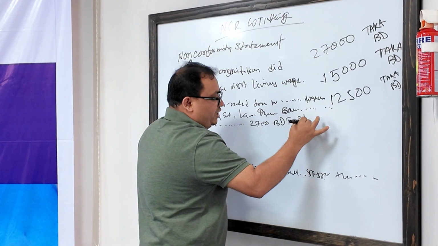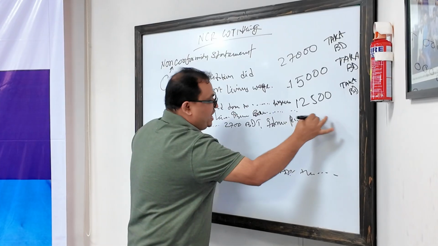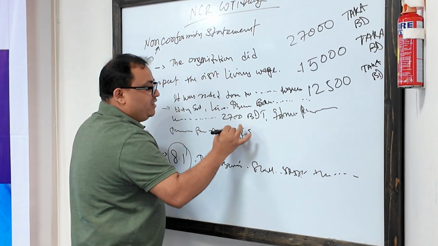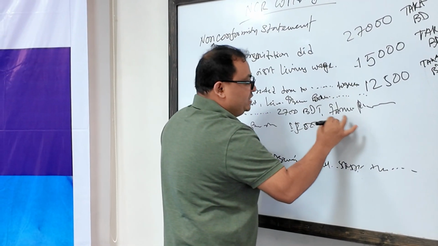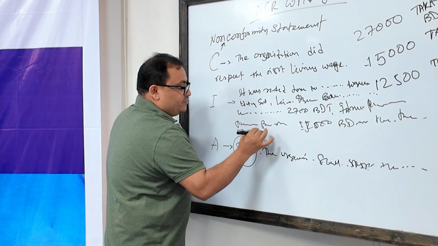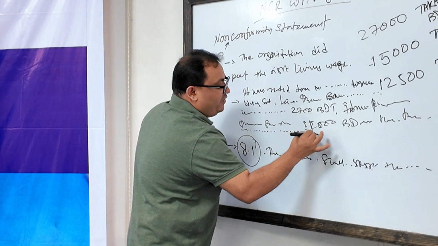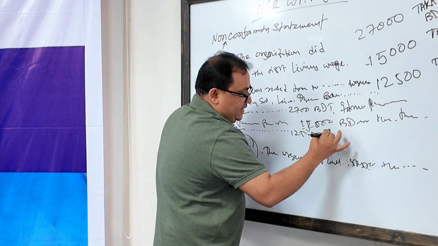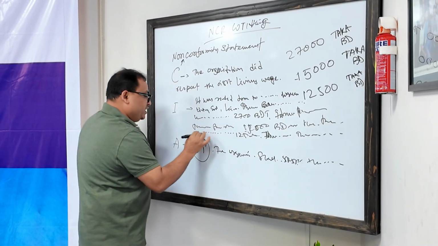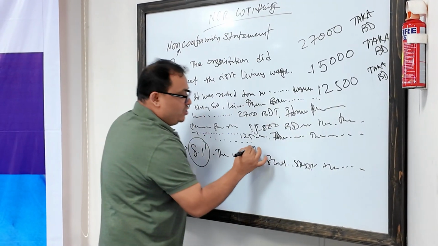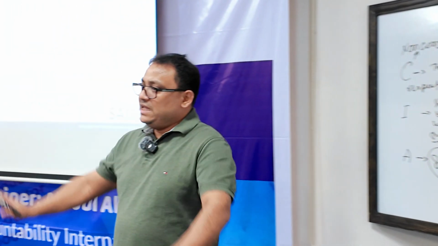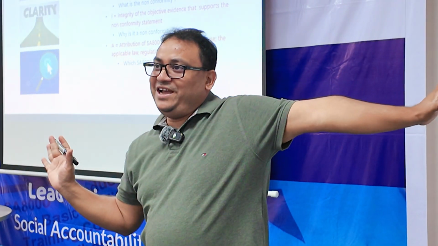It was noted from the wage sheet that the organization pays a minimum wage of 15,000 BDT. However, the legal requirement is 12,500. It is concluded that the organization is meeting the local minimum wage but not the living wage. This is the document evidence I gave.